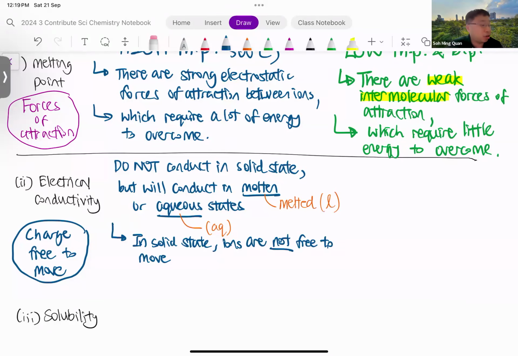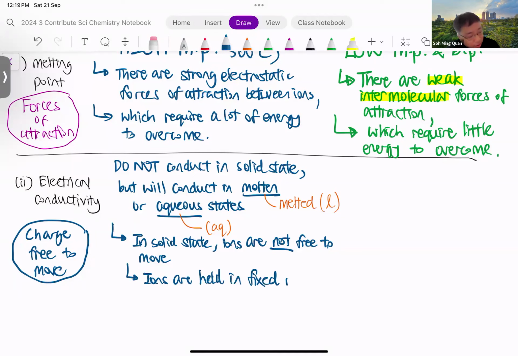That means the particles cannot move freely as they like. But why? This is because the ions in a solid state are held in fixed positions by strong electrostatic forces of attraction between the ions.